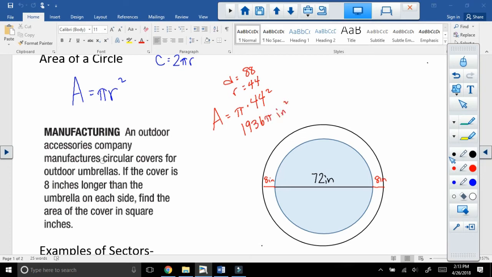I think it would make a lot more sense if we changed that to a decimal. So that would be about 6,082.1 if I'm rounding to the nearest tenth, and that would be square inches. Since it doesn't say, it technically wouldn't be wrong to leave it this way, but I think this answer makes more sense.